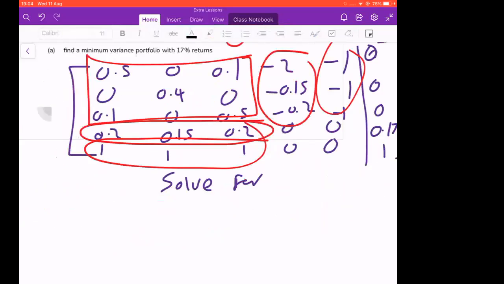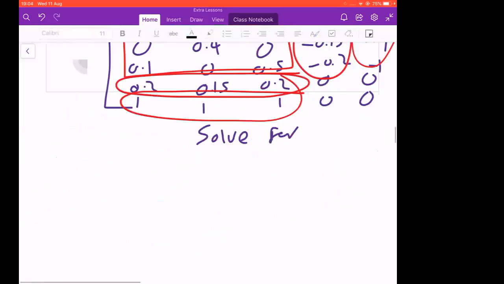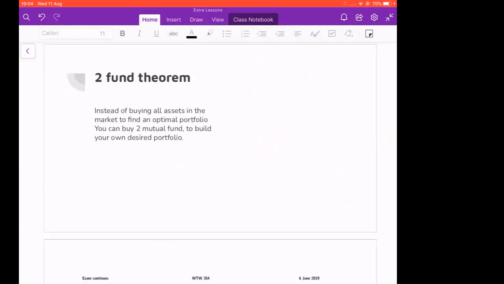In terms of two efficient funds, we normally call them mutual funds. If you have two efficient funds, then to find any other portfolio, you can write it as a combination of these two funds, right?